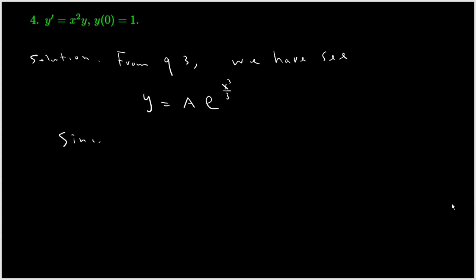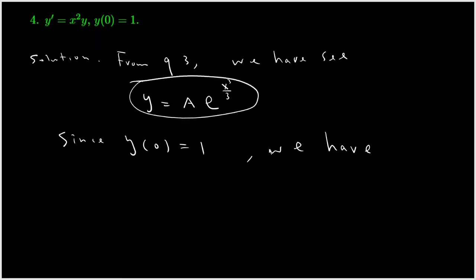Since that condition means the value of the function y is equal to 1 when x is equal to 0, we have 1 equals a times e to the power of 0 cubed over 3.